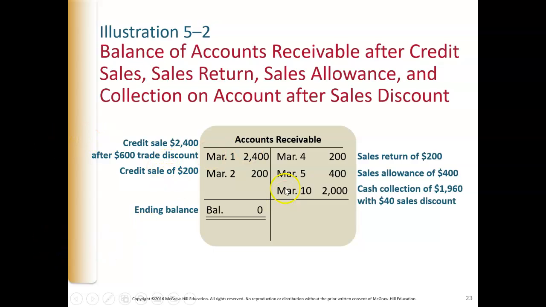We see that a customer returned those glasses for $200. We show a sales allowance of $400 because we gave them a discount because they weren't happy. And this shows the collection of the $1,960 plus the $40. We're going to credit the whole $2,000 because she doesn't owe us anymore. She satisfied her receivable.